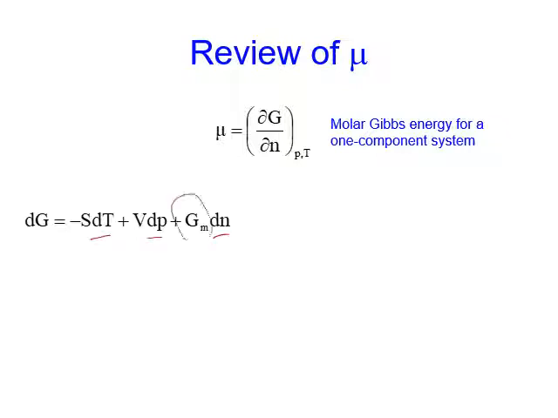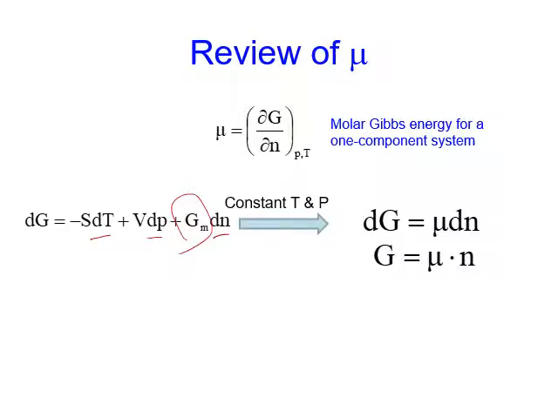The molar Gibbs energy represents the change of Gibbs energy due to the number of moles change. And so if temperature and pressure are constant, the Gibbs energy change is the chemical potential times the change in number of moles, and the total Gibbs energy is the chemical potential times the total number of moles. Chemical potential is molar Gibbs energy.